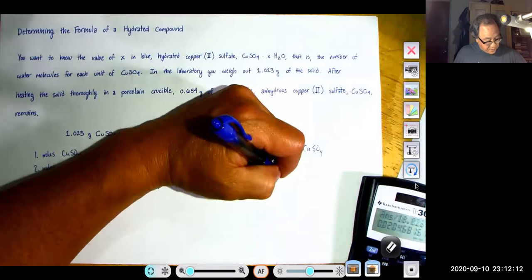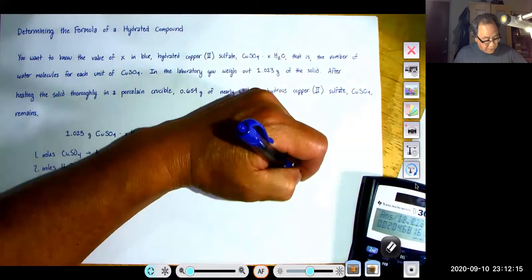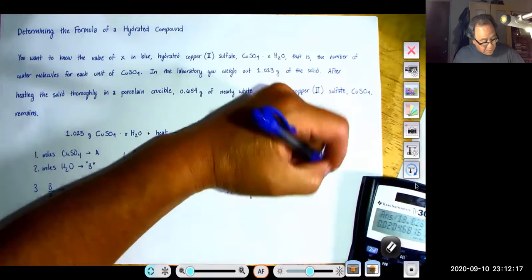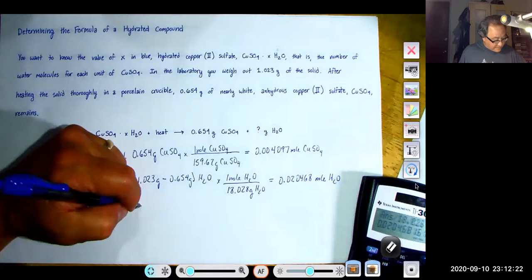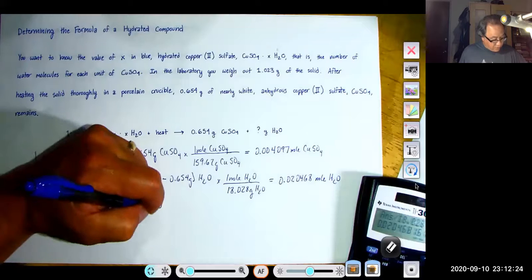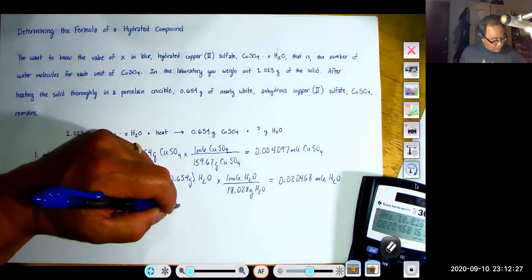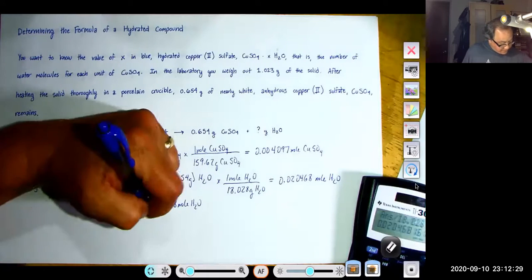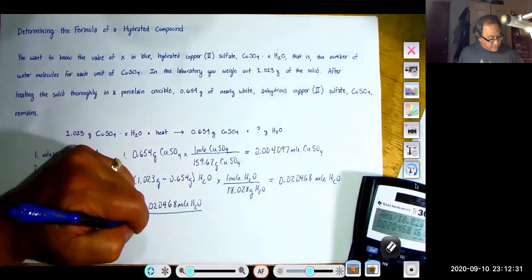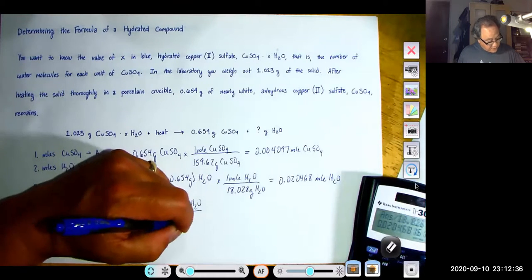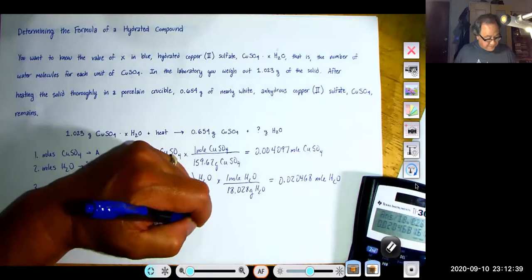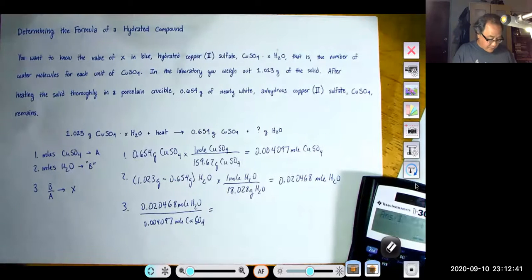So we get 0.020468 mole of H2O. And then we take that number, 0.020468 mole of H2O, for every 0.004097 mole of copper 2 sulfate. So I need to divide this by 0.004097.